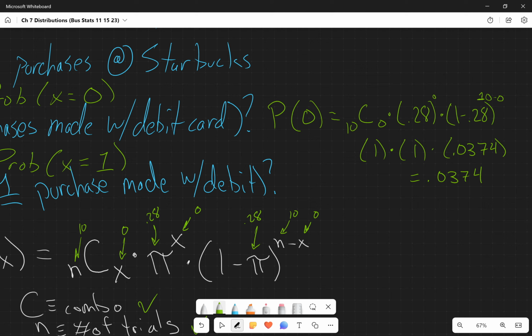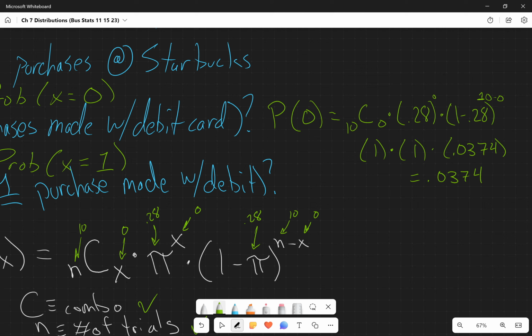Very low chance, given the fact that 28% of all purchases at a coffee shop are made with a debit card. So these things should also be able to run through our sniff test, our gut check. We should be able to run them through the prompt and say, oh, okay, that does make sense. It would be a small, but not infinitesimally small, probability, right?